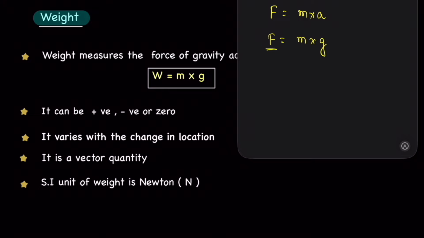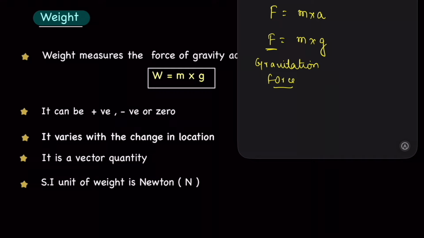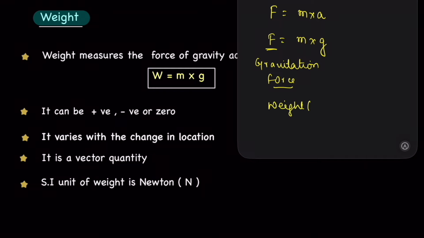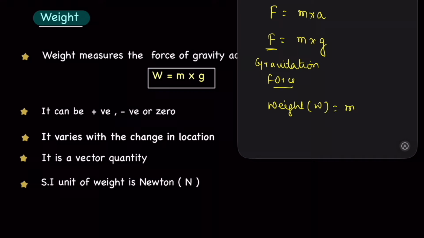So this force is called gravitational force, and it is also considered the weight of a body. So W = m × g. From here we can say that weight measures the force of gravity acting on the body.